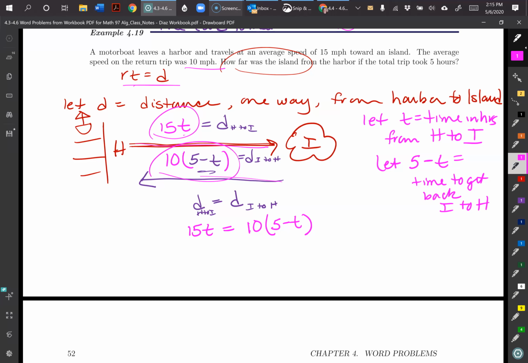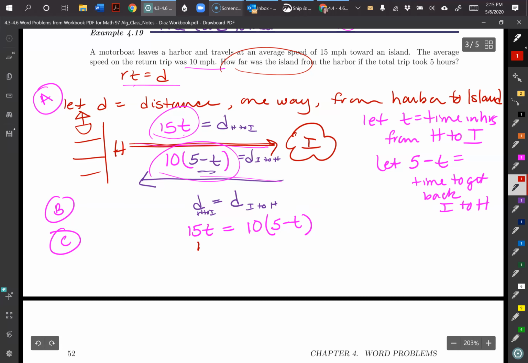So I'm going to set it up as, that's part A here. If I'm writing out my steps, C is solving. So I have 15t equals 10 times (5 minus t), which is 50 minus 10t. Then I'm going to add 10t to both sides. So I get 25t equals 50. Divide both sides by 25.